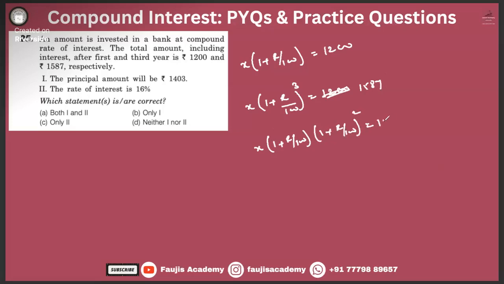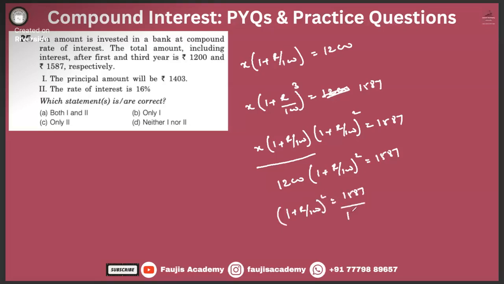Yes, we can write it like this. And this value is 1200. So (1 plus R by 100) whole square is 1587, which means (1 plus R by 100) whole square is equal to 1587 divided by 1200. That means 1 plus R by 100 is equal to root under 1587 divided by 1200.